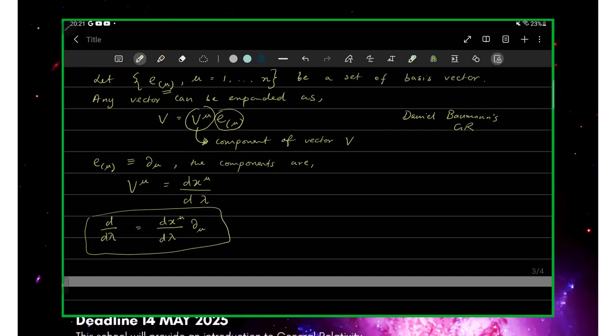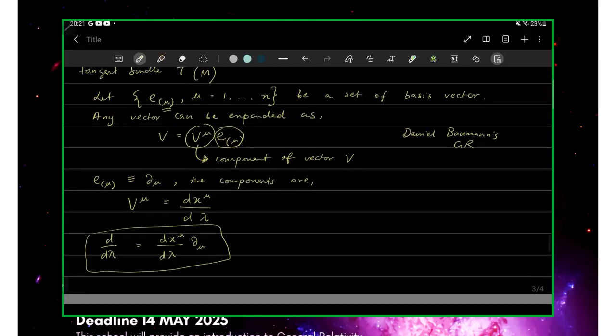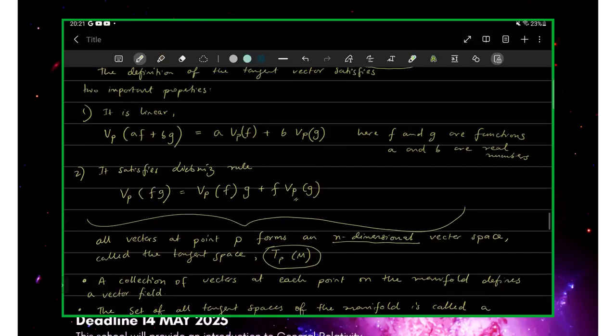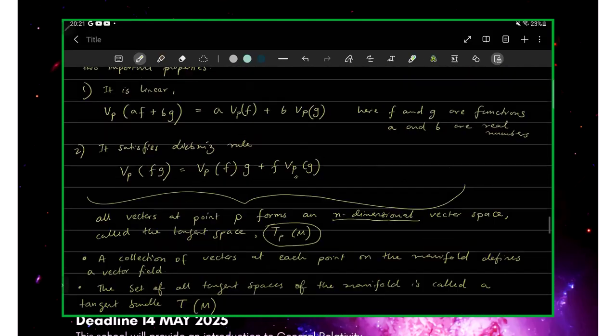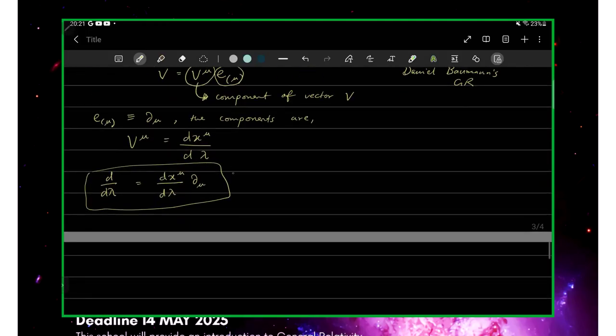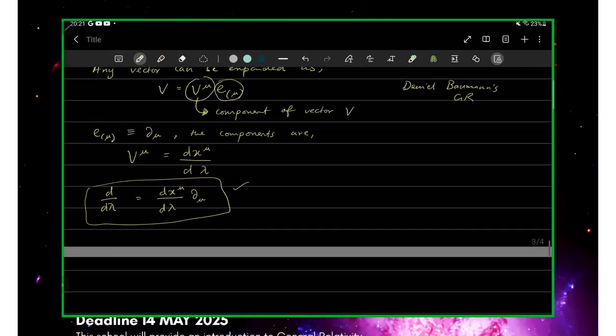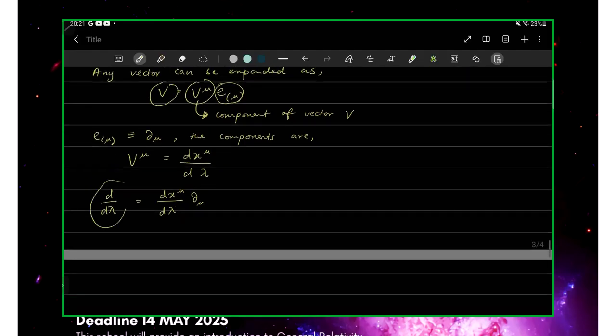But I would like you to try this as an exercise. Okay, try to define the tangent vector from here and show that this relationship is true.